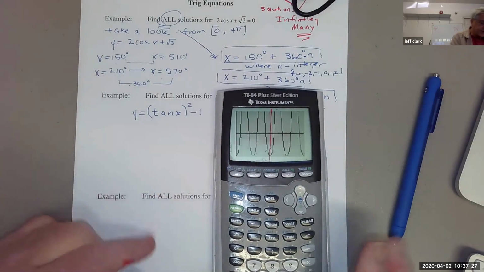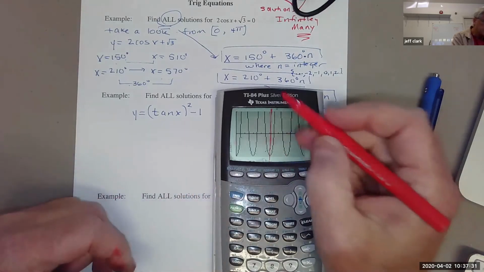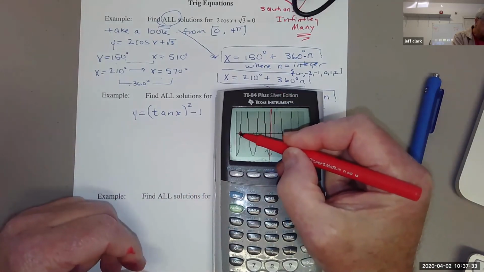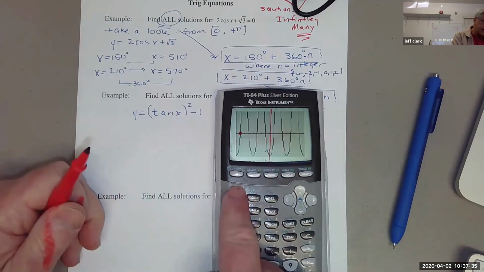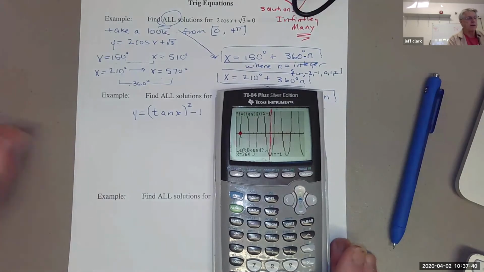So I'm going to look at the first one, which would be right here. And then second calc 0. And then I want to do left bound.